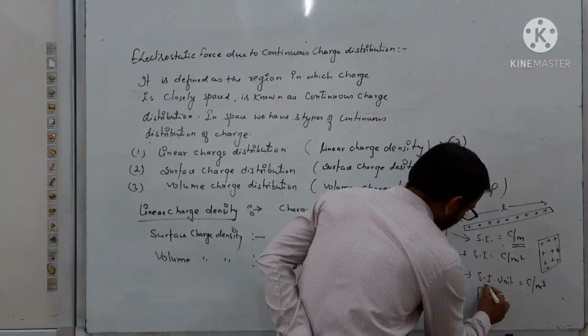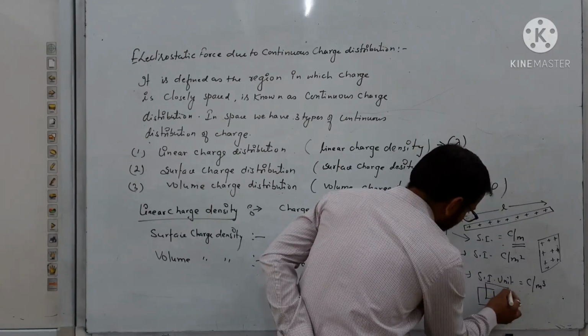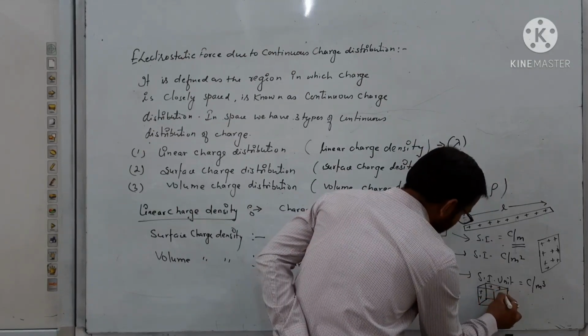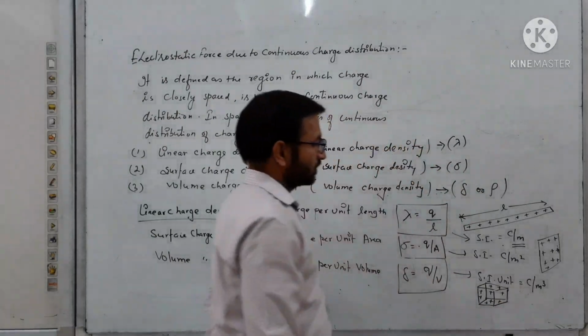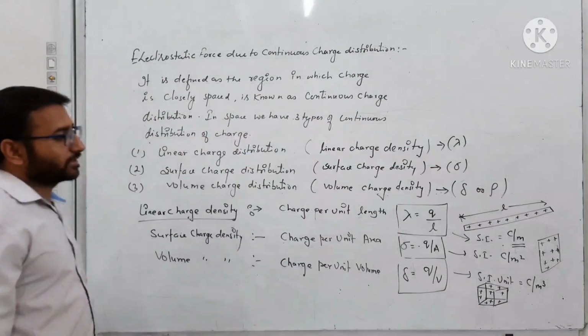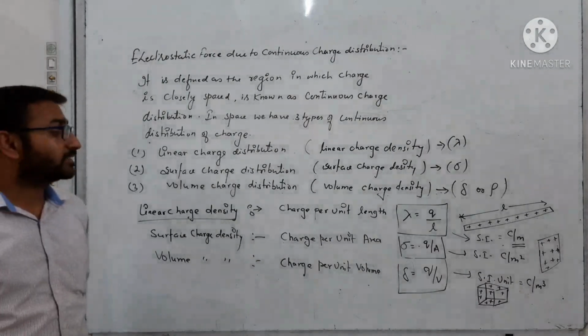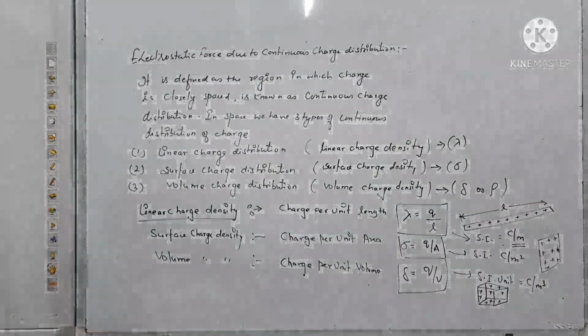Here we have a three-dimensional body like a cuboid or cube, and the distribution of charge is equally spaced. So this kind of distribution is called volume charge distribution.